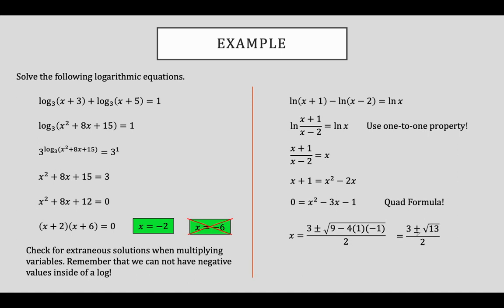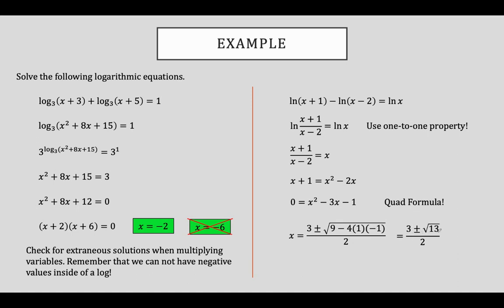So I have 3 plus or minus root 13, all divided by 2. Well, subtracting root 13 is going to give me a negative number, right? Root 9 is equal to 3, and root 16 is equal to 4. Therefore, root 13 has to be between 3 and 4.